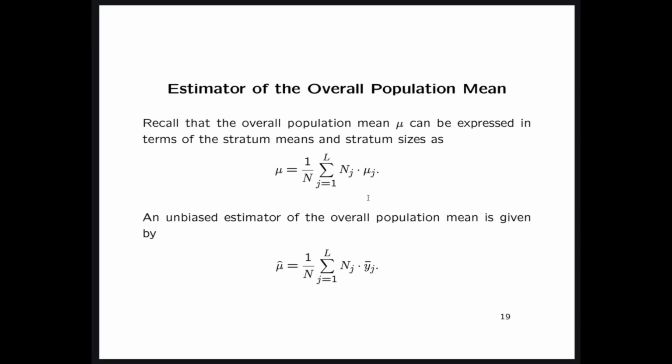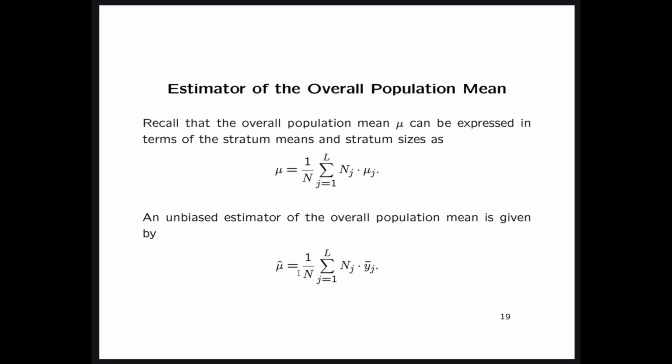With that representation, it becomes very easy to come up with a point estimator for mu. We'll denote that point estimator by mu hat, and that's given by replacing each of the unknown stratum means by the estimator of each stratum mean, and that's the sample mean from each stratum. And so mu hat is equal to this.